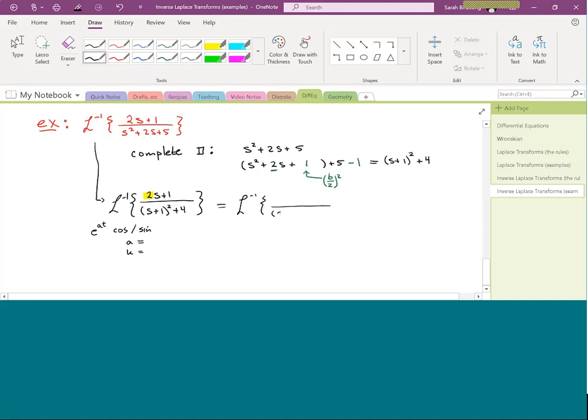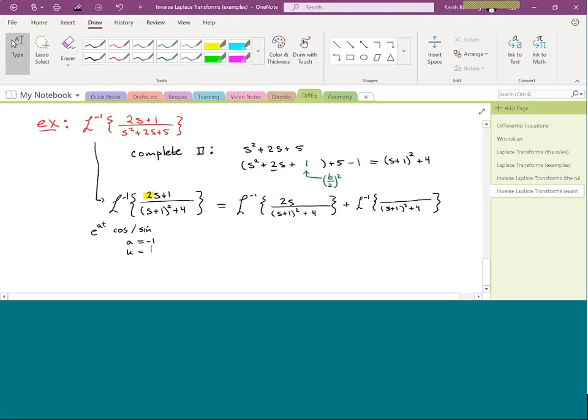And while you're guessing, I'll copy down these denominators. So the a here is going to be -1. You always flip the sign right here.